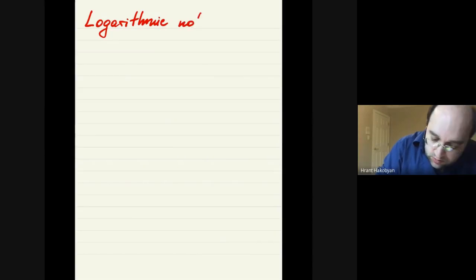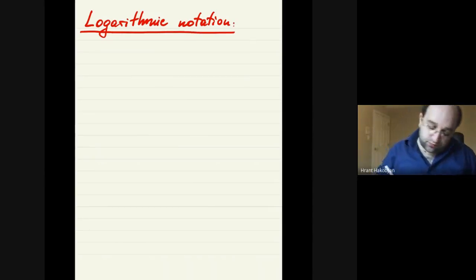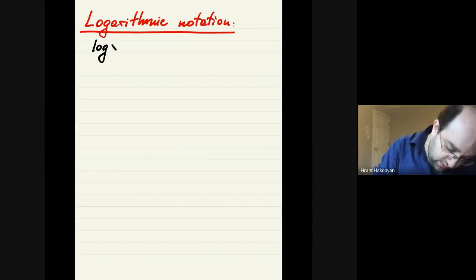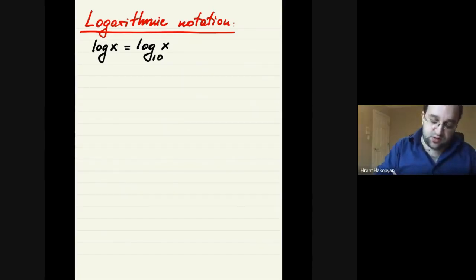There are two situations where a logarithm has a special notation. One of them is this one here. If I write log with no base of some number x, that's just the shorthand notation for the logarithm with base 10 of x.